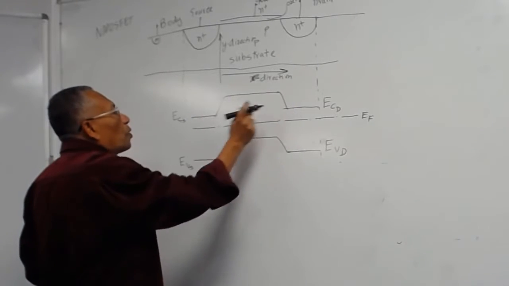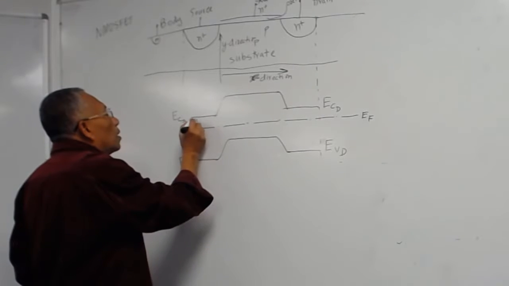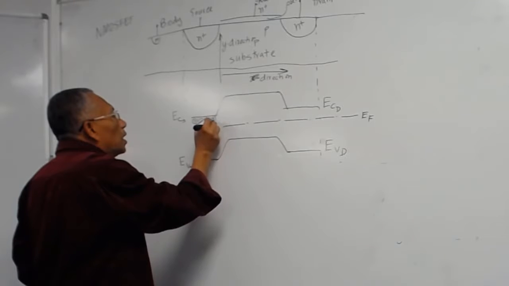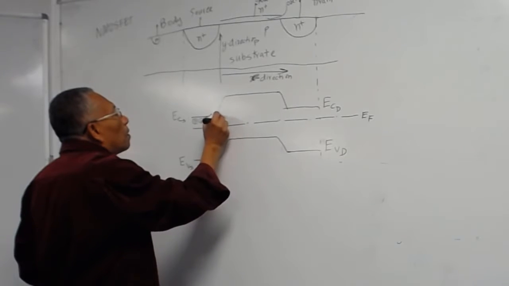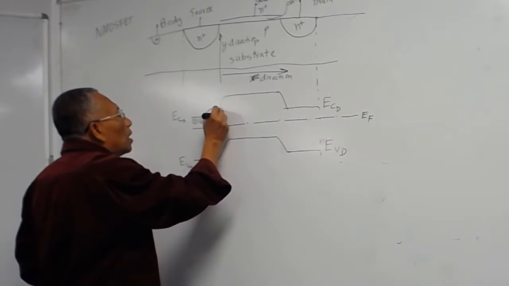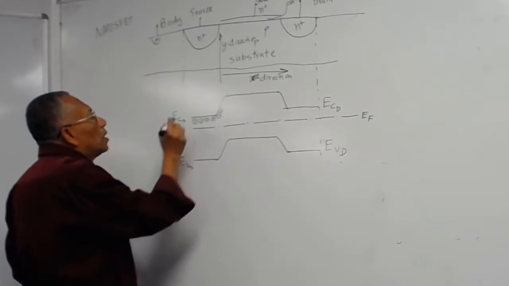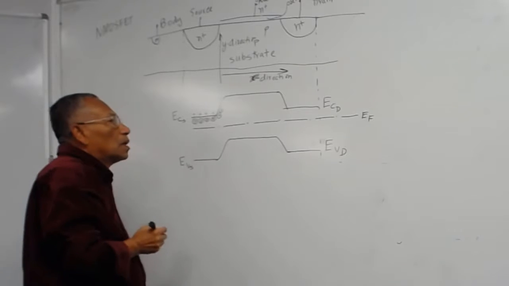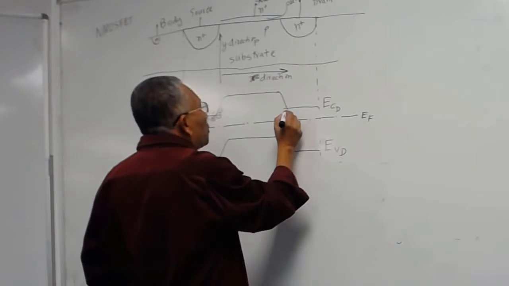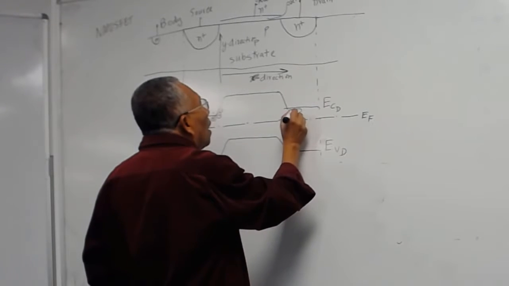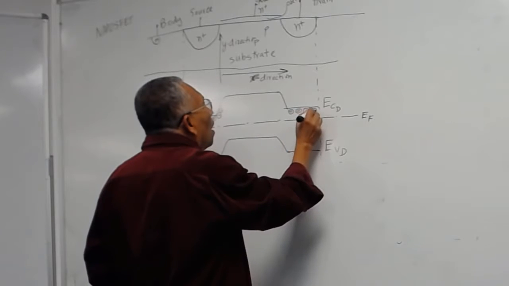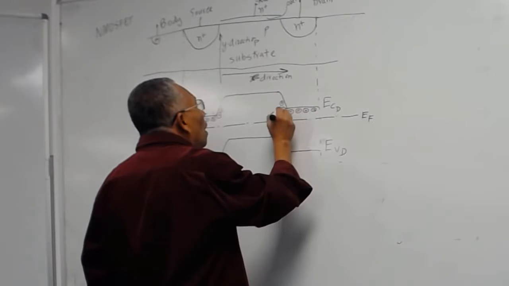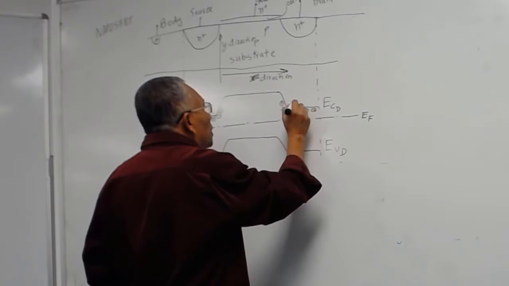So you can draw your positive charge here for the N region, and then your electrons here. Again here you can draw your positive charge, and you can draw your electrons here.